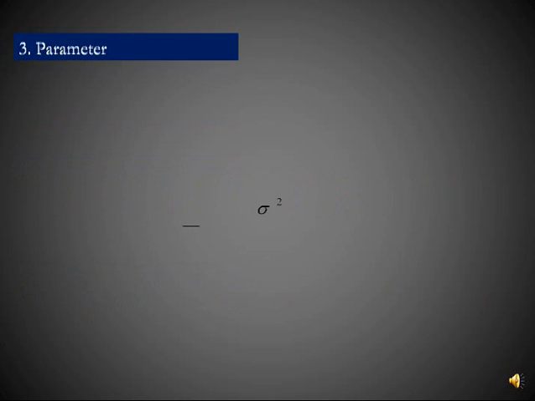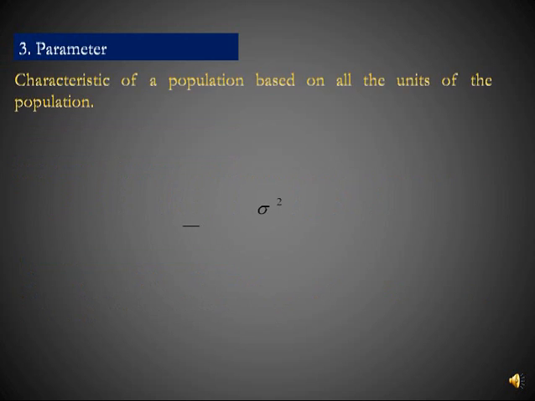Then we have our next concept, the parameter. It is a characteristic of a population based on all the units of the population. Statistical inferences are drawn about population parameters based on the sample observations drawn from that population. In our first example, we were interested in the parameter population mean.